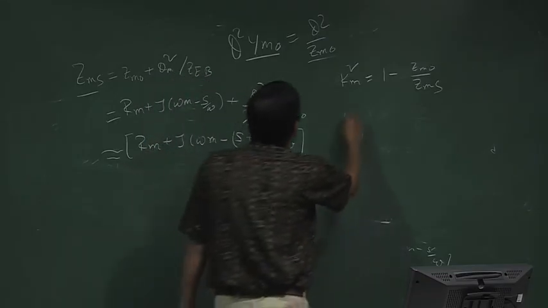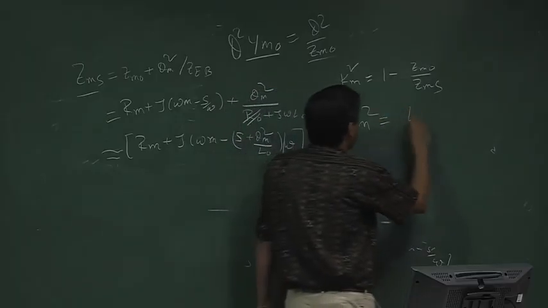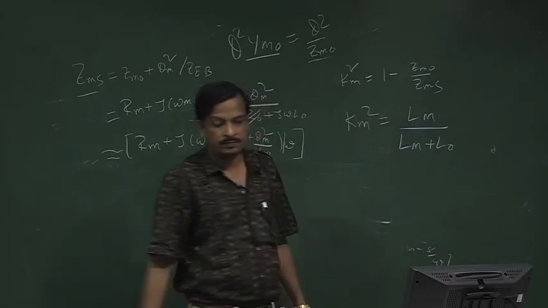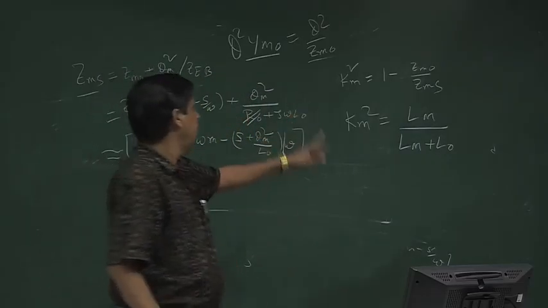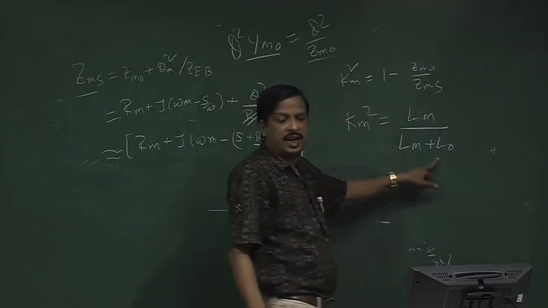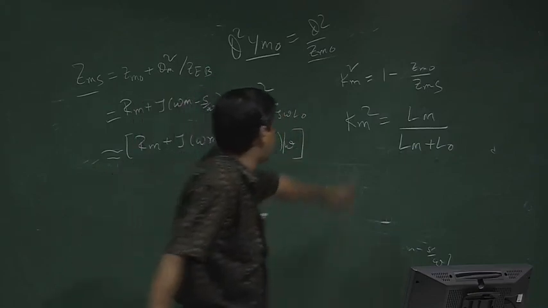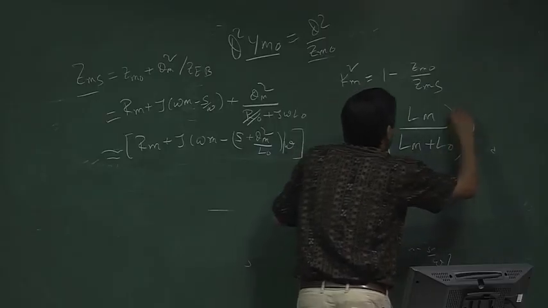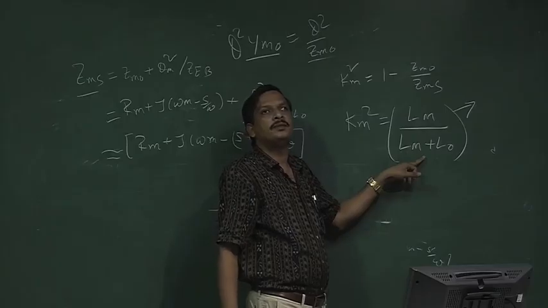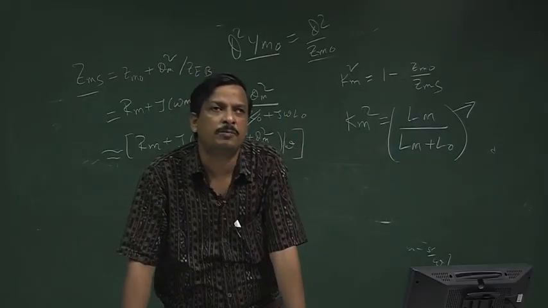So, Km square will become, same as for the reciprocal transducer, Lm by Lm plus L0. Same case. This is the ratio, this Km is nothing but the ratio of the mechanical energy divided by the total energy. Okay, so this is the theory for the anti-reciprocal transducer.